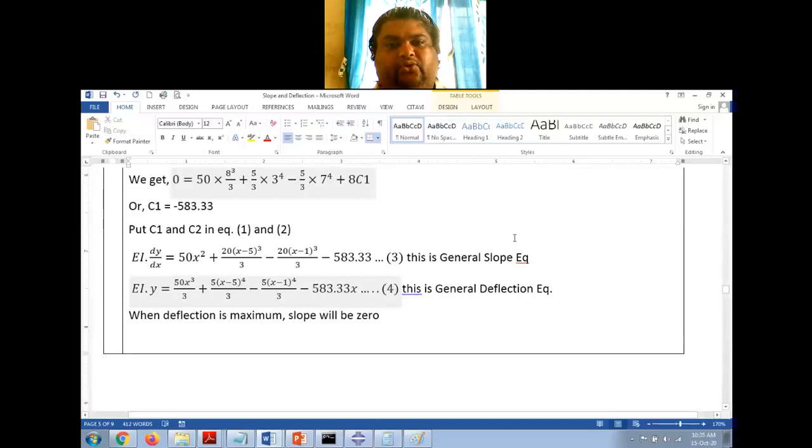So I have to use which equation? General slope equation I will be using. So in this, dy by dx will be 0, and from that I will find the value of x. X is the only unknown. I have to find this value.